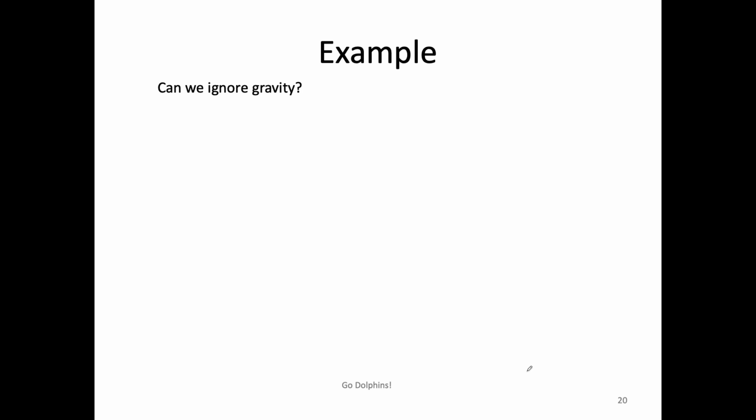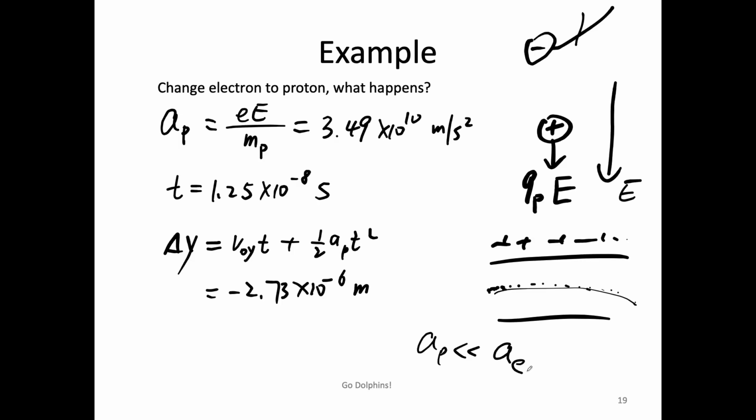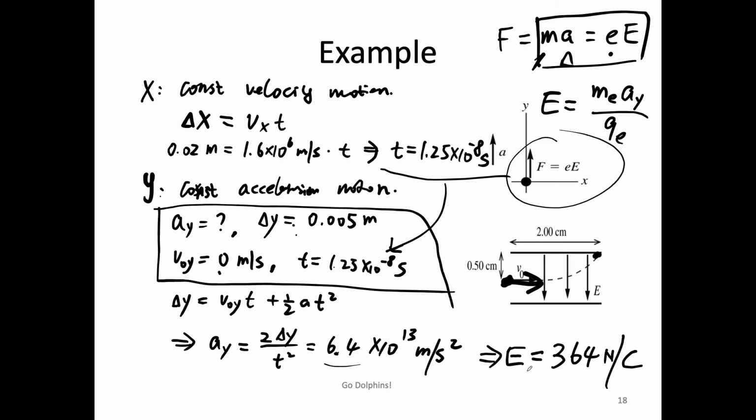And can we ignore gravity in this example? So you can check what ap is, in the 10 to the 10th power. What is acceleration of electron? 10 to the 13th.